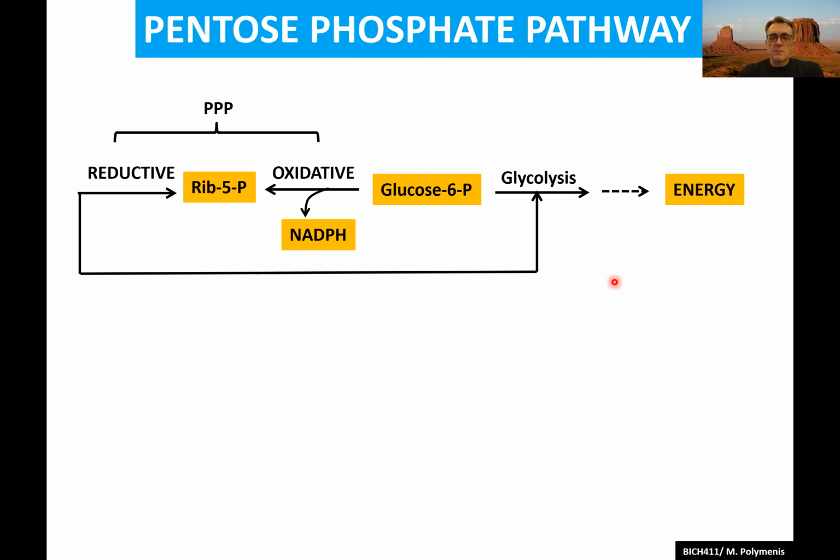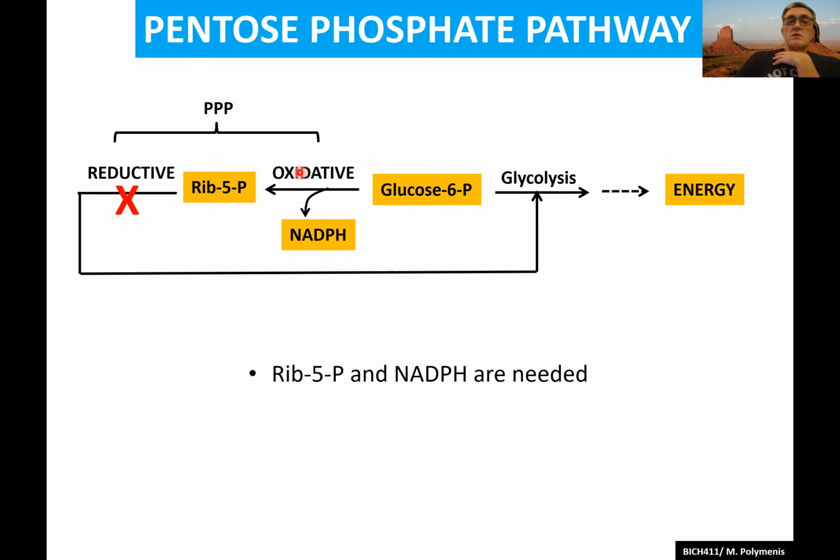So nothing goes wasted. Let's say, however, that all you need is the 5 carbon unit and NADPH. So all you need is really to run the oxidative part, which is fine. And again, why would you need that? Maybe you are a cancer cell and you want to grow, so you need a lot of NADPH to do your biosynthesis, including, let's say, new membranes, which consume a lot.